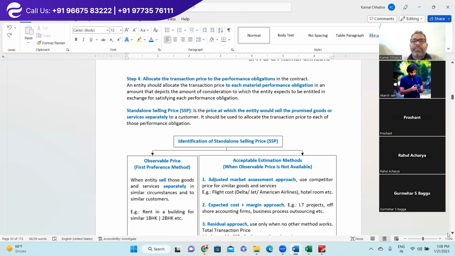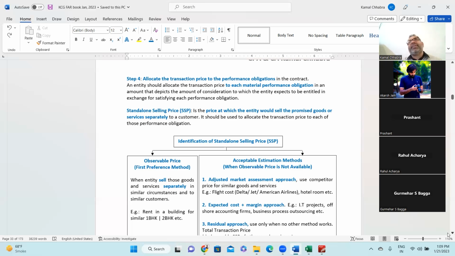Stand-alone selling price, in short SSP, is the price at which the entity would sell the promised goods or services separately to the customer. It should be used to allocate the transaction price to each of those performance obligations. So this is considered as a base for allocation of the transaction price to the respective performance obligation.